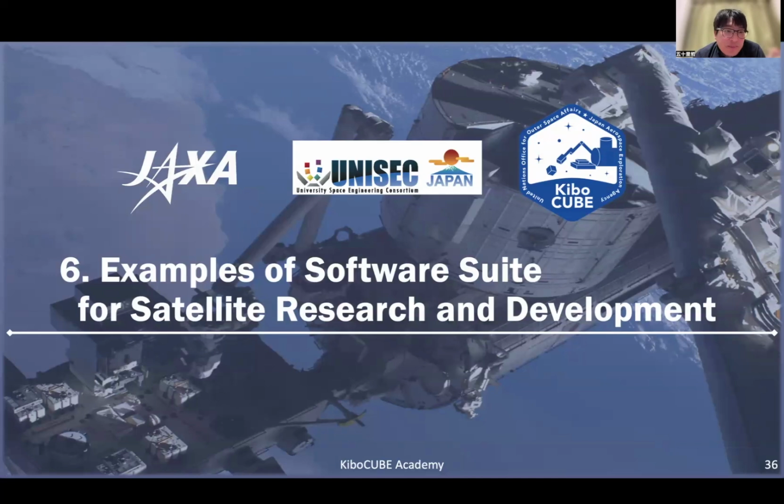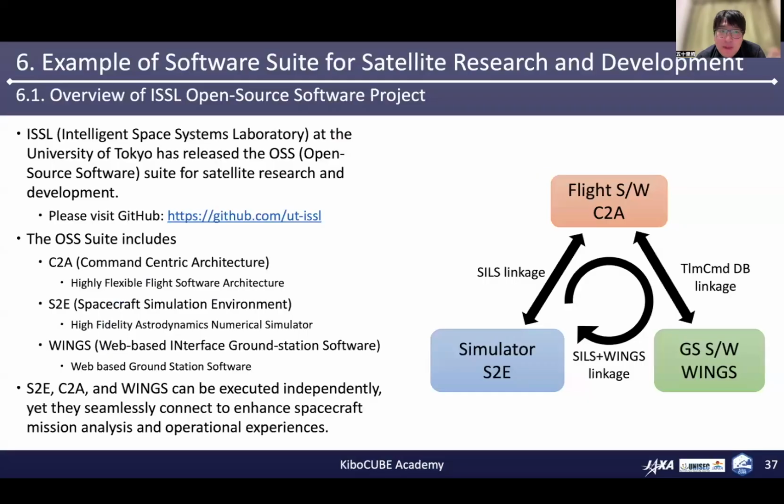So the final topic is examples of a software suite for satellite research and development. I will introduce the open source software project of ISSL, the Intelligent Space Systems Laboratory at the University of Tokyo.